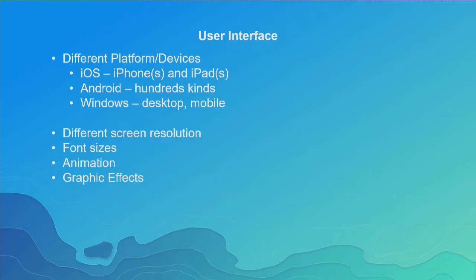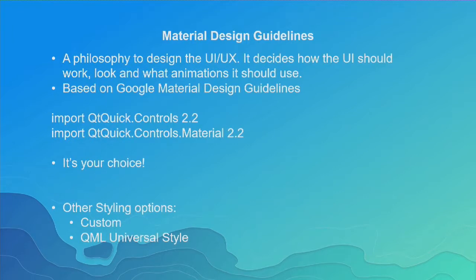Hence, there's a different screen resolution. We already showed you how we can tackle that with the scale factor. There's also font differences. Every device and every desktop has a different rendering engine, so the same font may look different. There is also animation and graphic design, graphic effects that you have to take care of. So there are these challenges, but we have come up with some kind of guidelines.